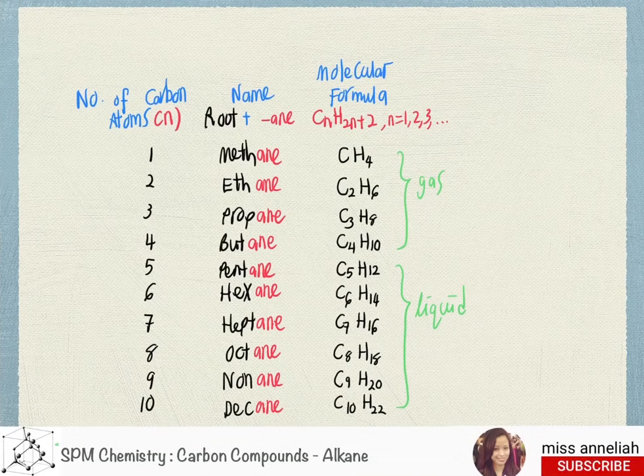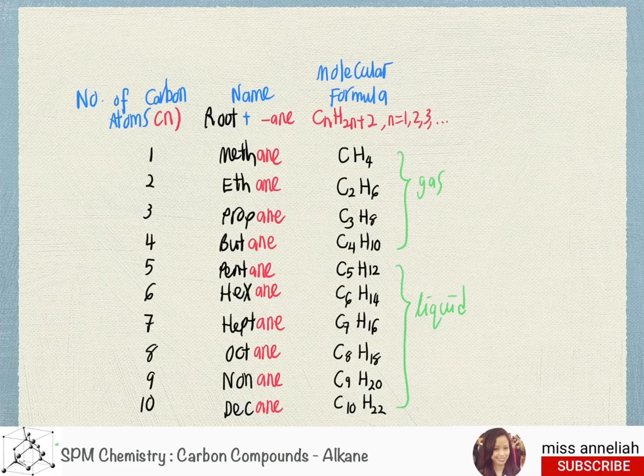This table summarizes the names and the molecular formulas for the first 10 members of the alkanes. The molecular formula shows the actual number of atoms of each element that are present in a molecule.